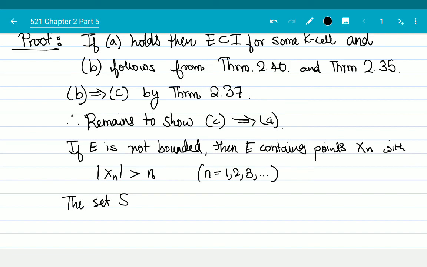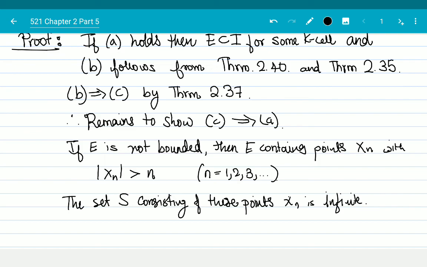consisting of these points xn, xn is infinite, right? Since n is equal to 1, 2, 3, 4, and so on, you can keep taking points.